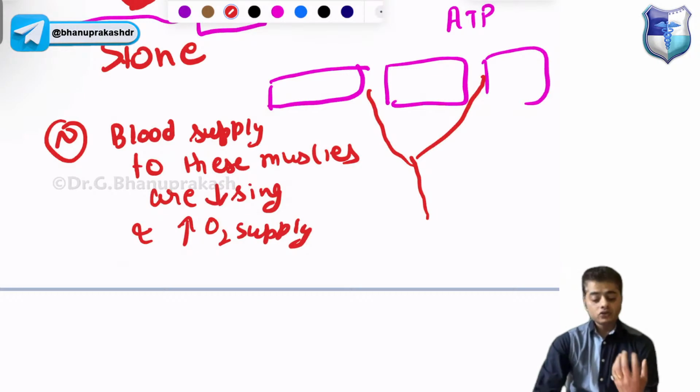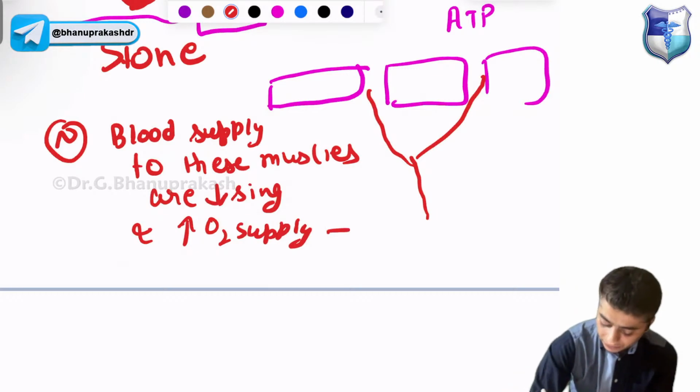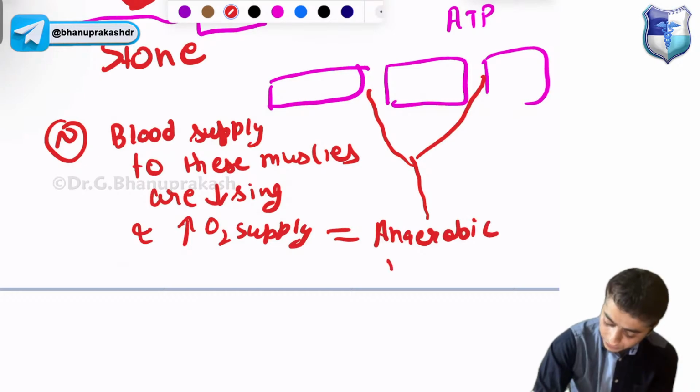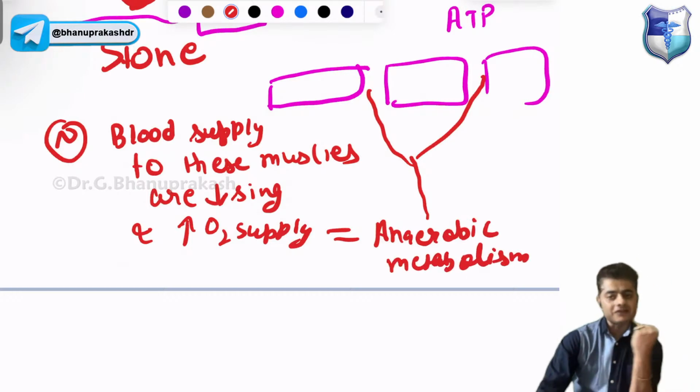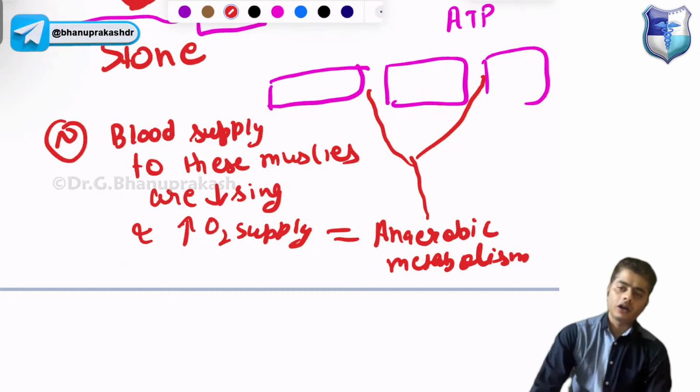So what will happen now? Anaerobic metabolism, and the muscle will undergo spasm, which will create a colic type of pain.